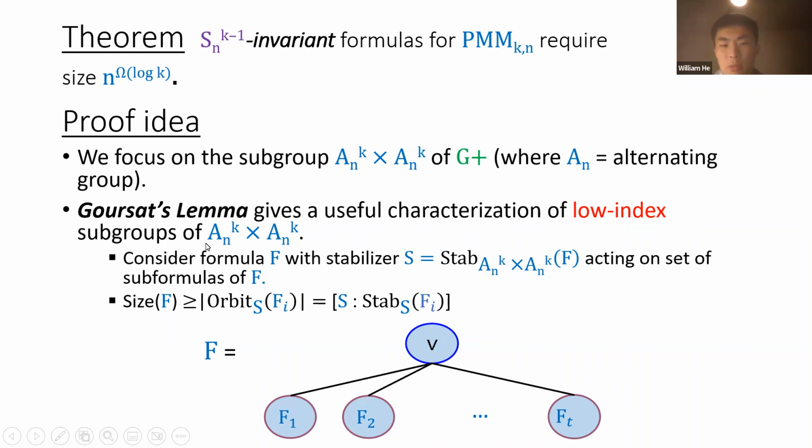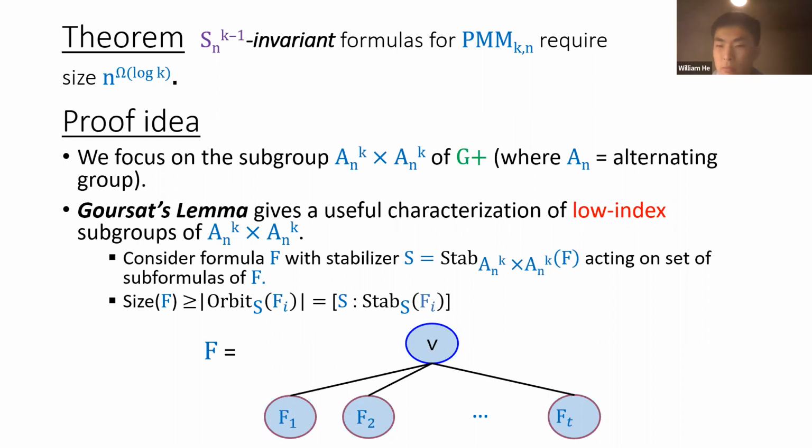There's roughly some relationship between direct product powers of A_n and S. And we'll be able to say something about the size of F_i. We'll be able to say that F_i itself must be somewhat large. And in that case, lower bounding the size of F_i will then again give us a good lower bound on the size of F. So we have some connection between index of subgroups and invariant formula size using the orbit stabilizer theorem.